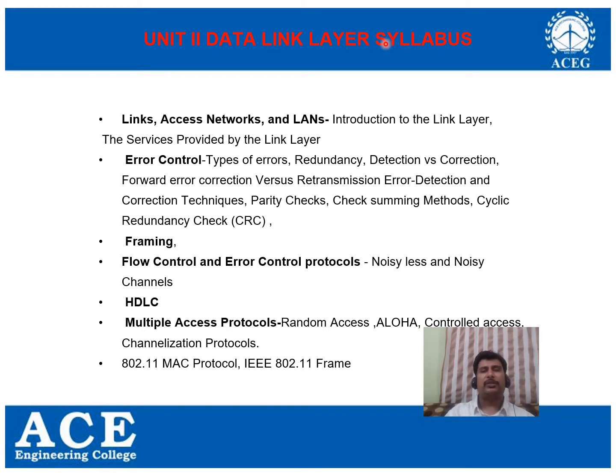We would start this unit with an introduction to the link layer and a brief look at the services provided by the link layer. Then we'll start with the first very important function of the data link layer, called error detection and error correction, which together are called error control.